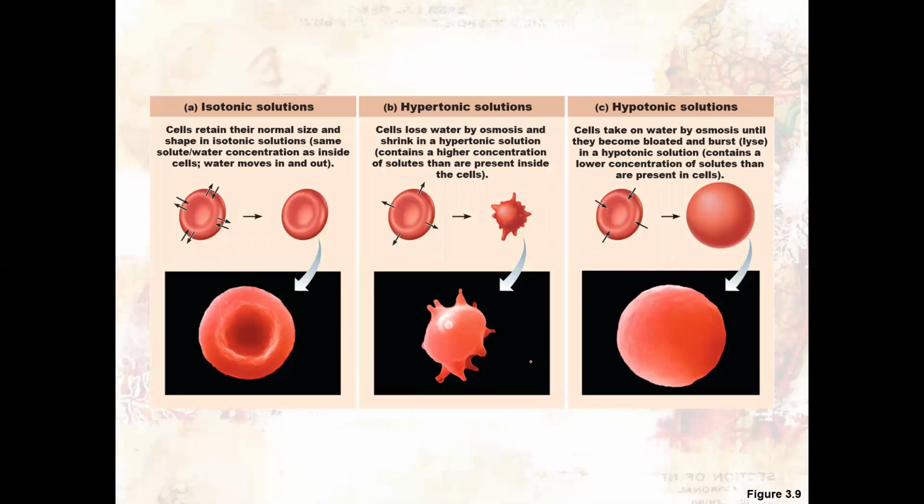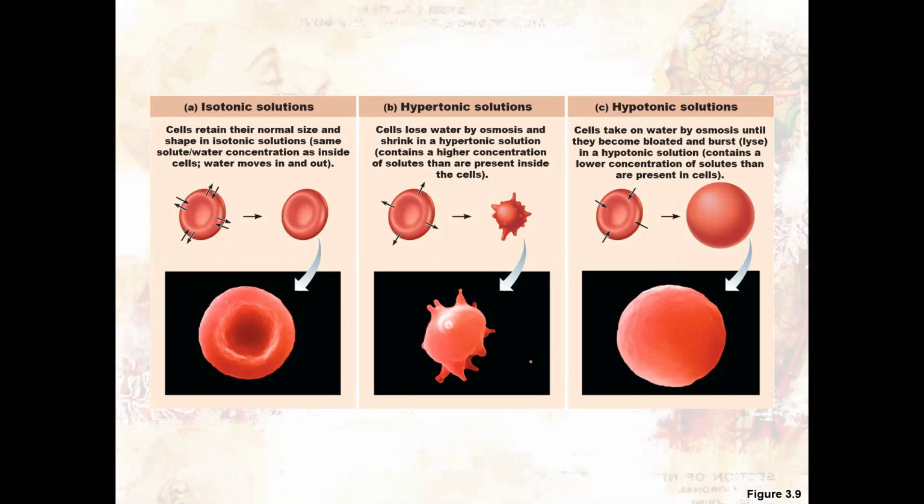What does that look like for your cells? Like this. In an isotonic solution, you see that red blood cell. It looks like a red blood cell. Water is moving in at the same rate it's moving out. Put that red blood cell in salt water, for instance, or something like seawater. Now there are more dissolved particles outside the cell than there are inside the cell, so the water goes out.